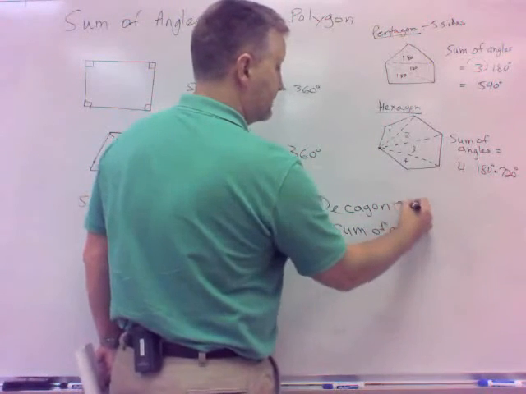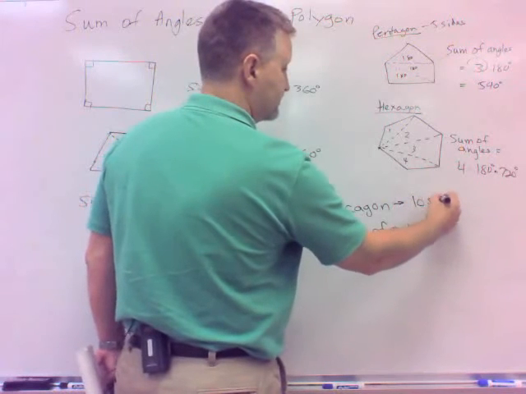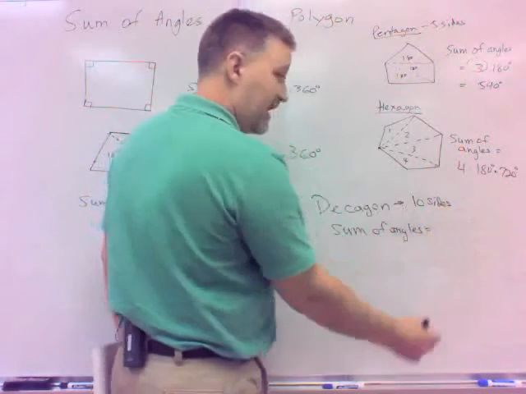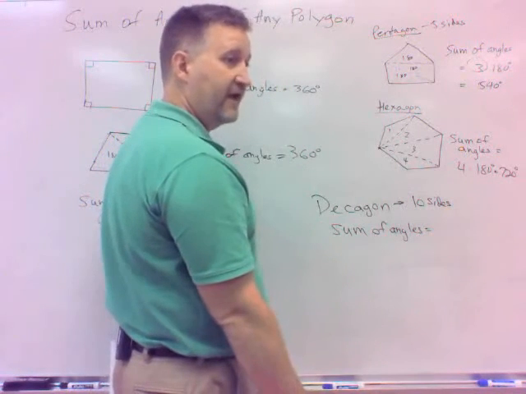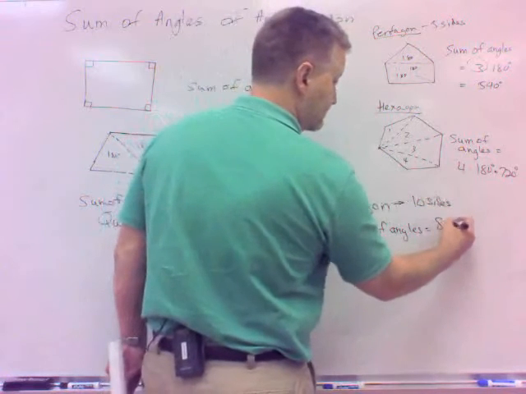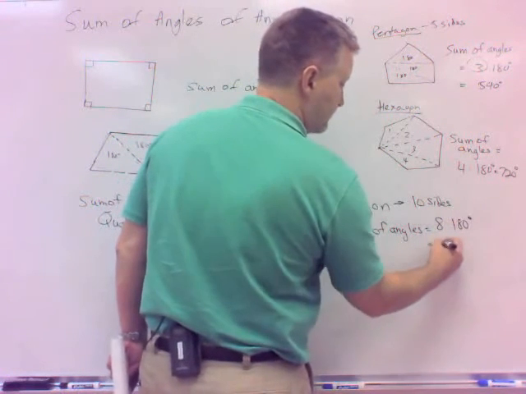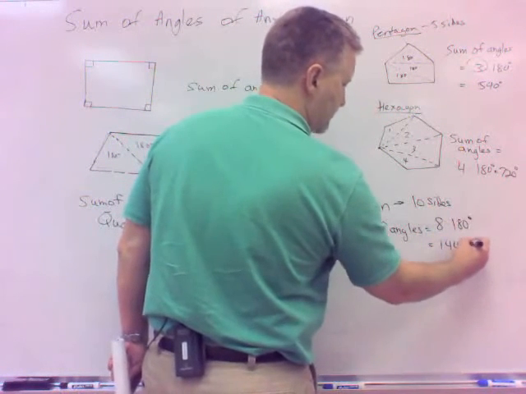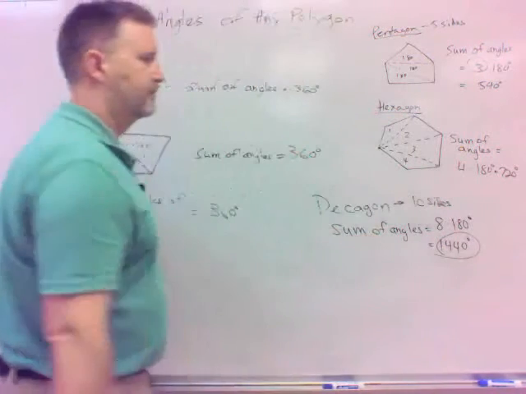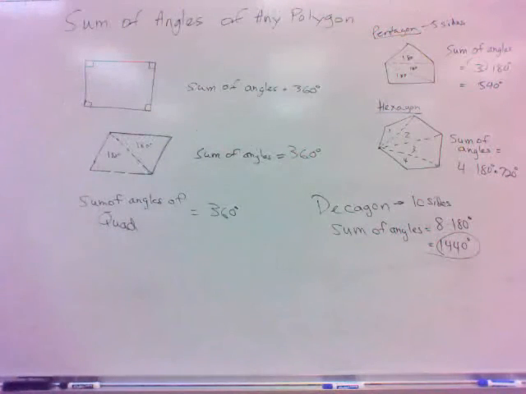Well, since I've got 10 sides, I'm going to have 8 triangles. So I'm going to have 8 times 180 degrees, which is 1440, I believe. Check me on that. Okay. Yeah. If you've got 10 sides, you've got 8 triangles, drawing it out this way.